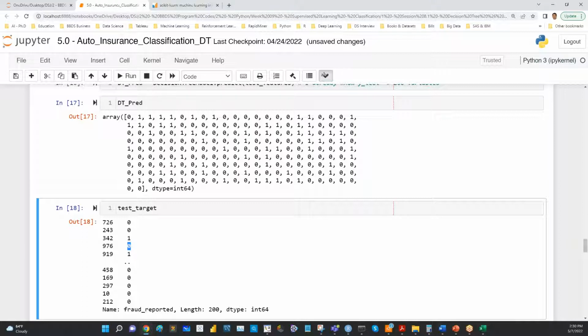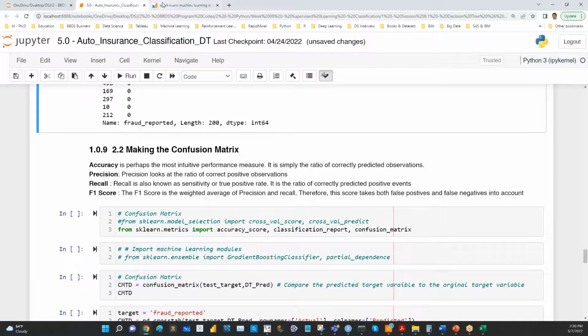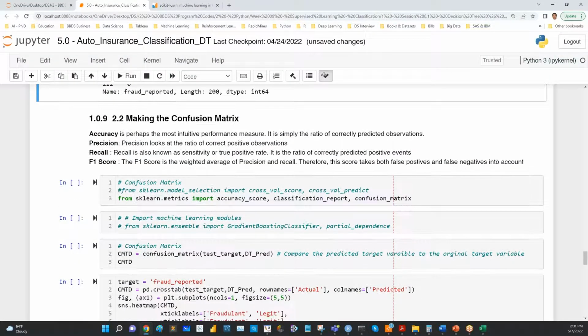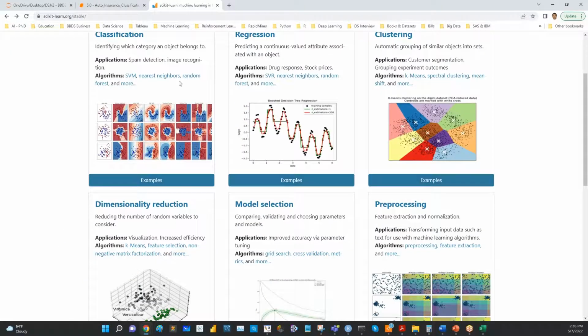So to do it manually is a nightmare. It's going to take you a while to figure it out. So what we got to do, we are going to use the same library, scikit-learn, and we are going to use a few metrics: accuracy score, classification report, and confusion matrix. And okay, so we are going to import from this scikit-learn.